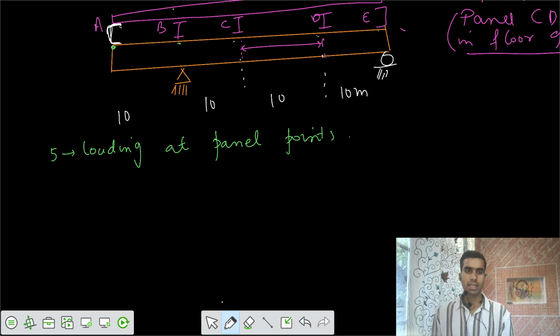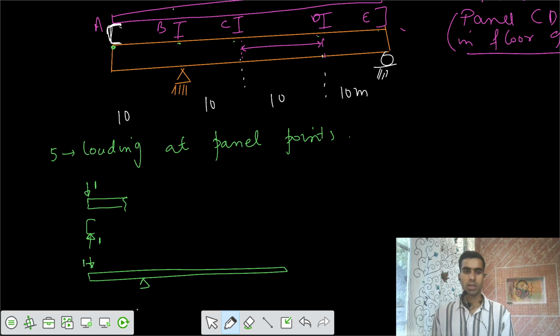If the load from the top was at A, there was some channel section. This channel section would give a reaction of that same unit of 1, and the same reaction would get transferred onto this beam. That's your 1, and the total length is 40. Can I get the reactions?